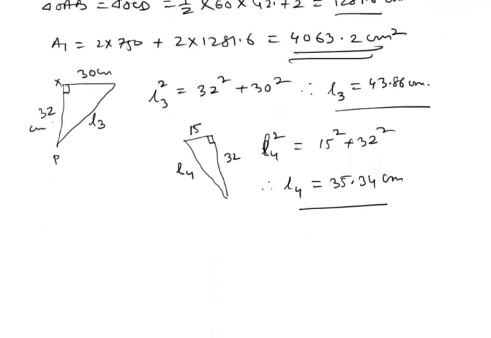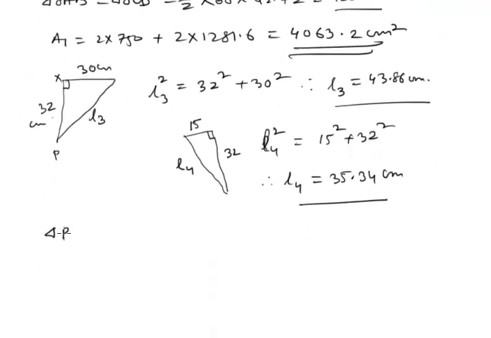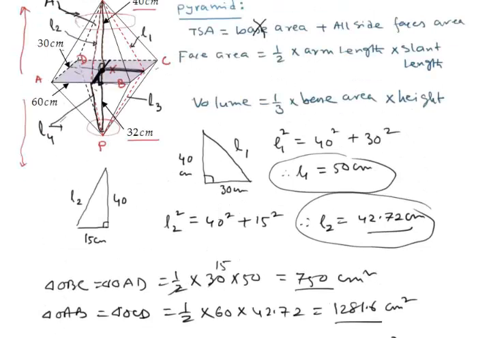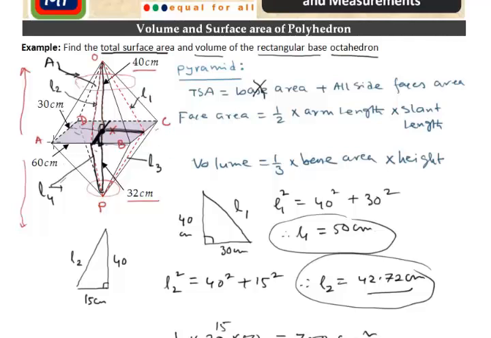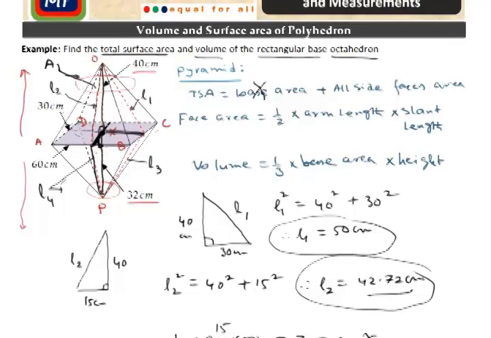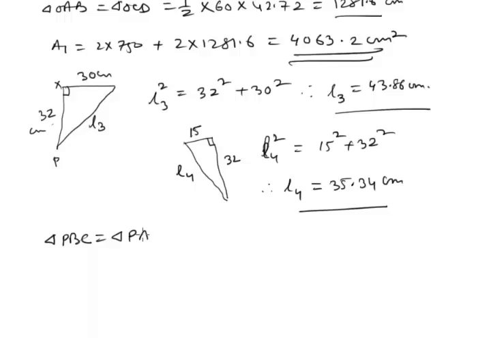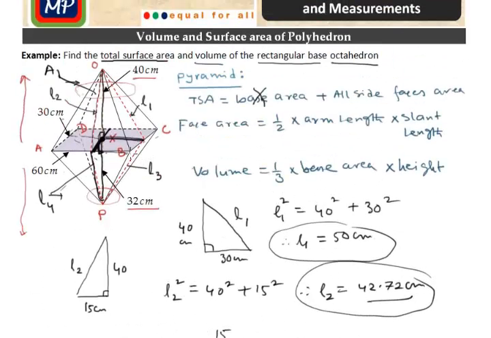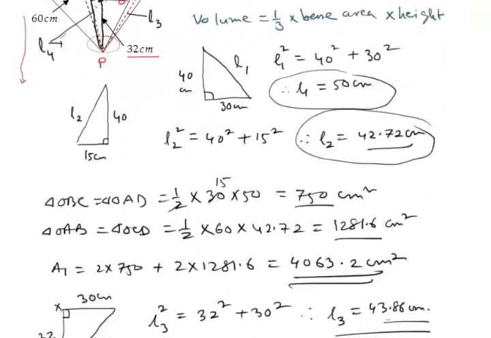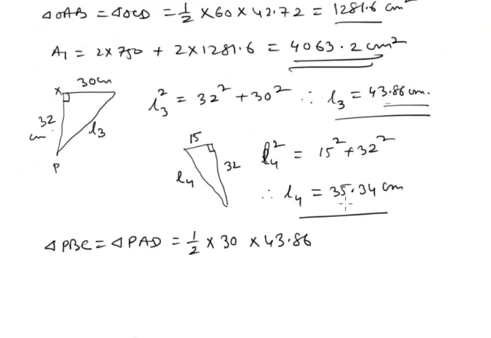So if we calculate, then triangle PBC equals triangle PAD, they are the same. So PAD equals half of the base length, which is 30, and slant length L3, which is 43.86, because here the base length is BC, which is 30 centimeter, and the slant length is L3, that we found 43.86.